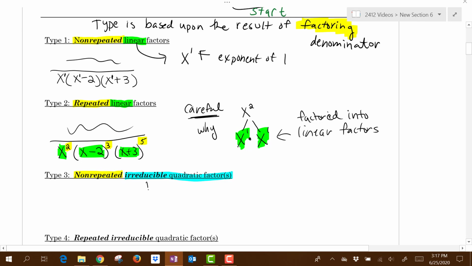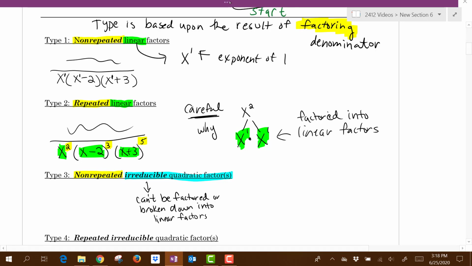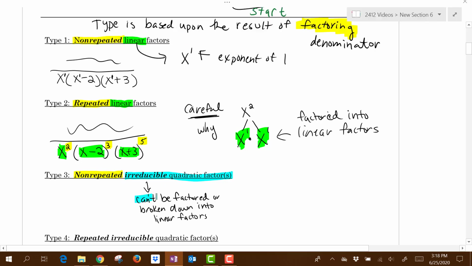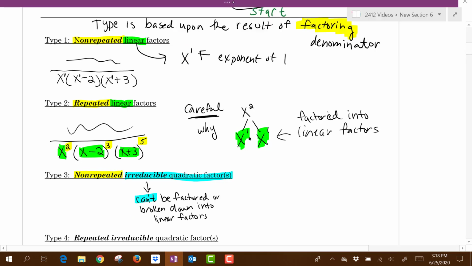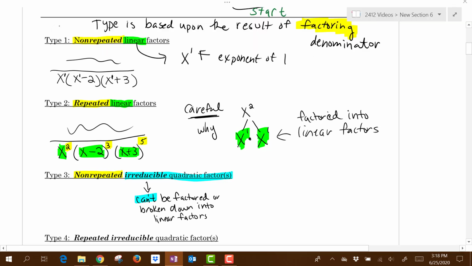Irreducible means can't be factored, which means it can't be broken down into linear factors. So the word there means it cannot be factored or broken down into linear factors.